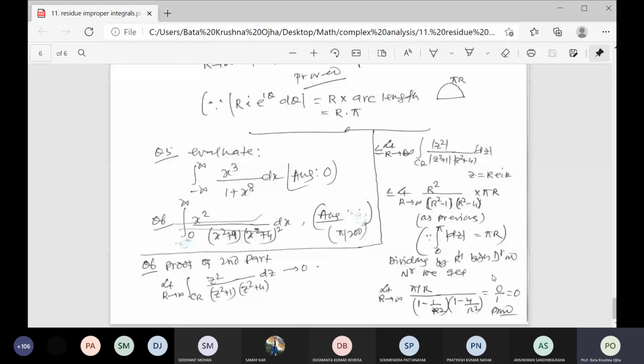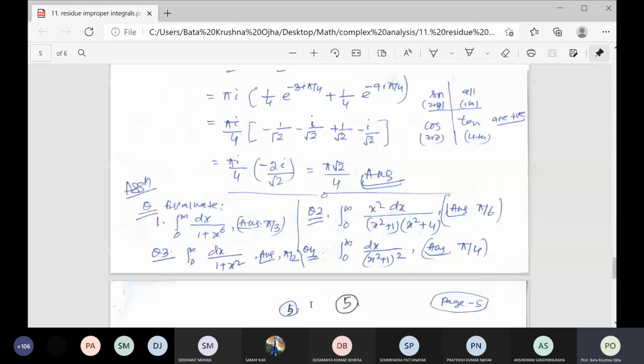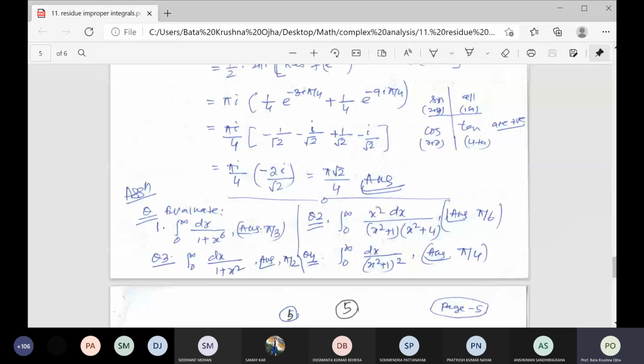Then it becomes pi by r cube minus this, and when r tends to infinity, it is 0 by 1, which is equal to 0. It is always true. If you have any doubt from this question, you may ask. Otherwise, solve question number 4. You have to solve question number 4.